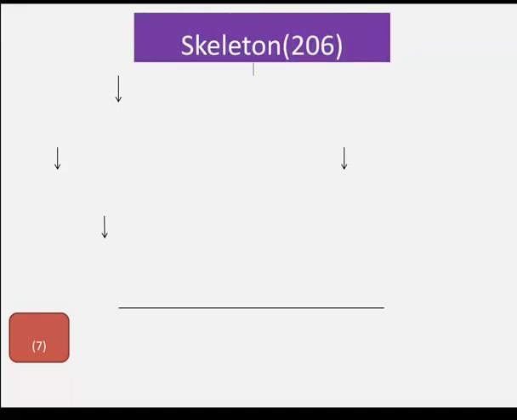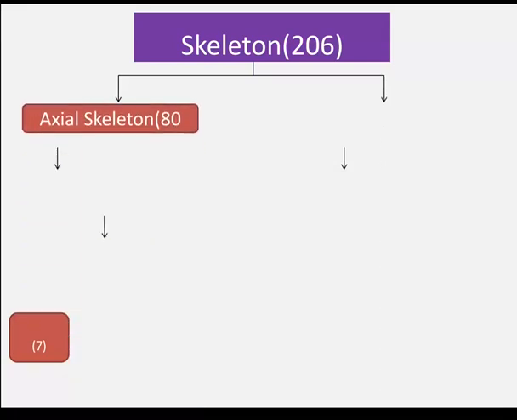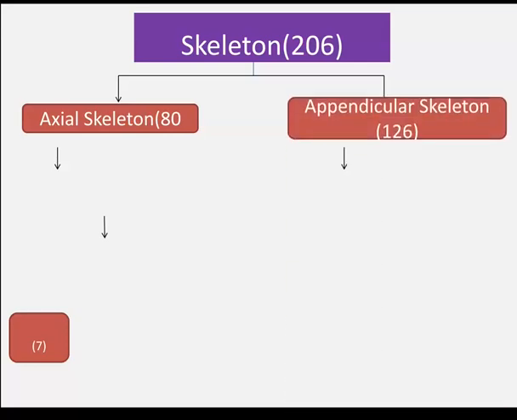We have seen the divisions of skeleton by tree diagram. So let us see. Skeleton is divided into two divisions. First is axial skeleton, which contains 80 bones, and second one is appendicular skeleton, which contains 126 bones.